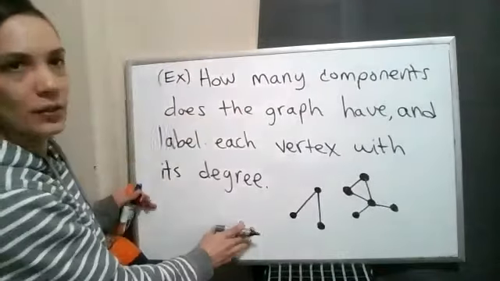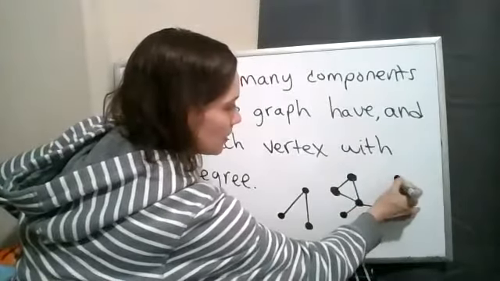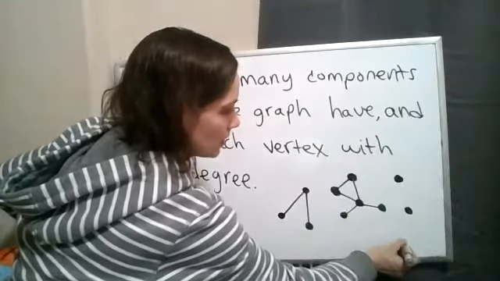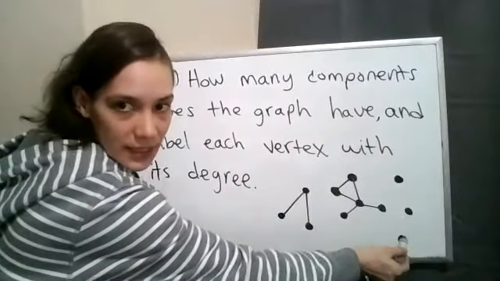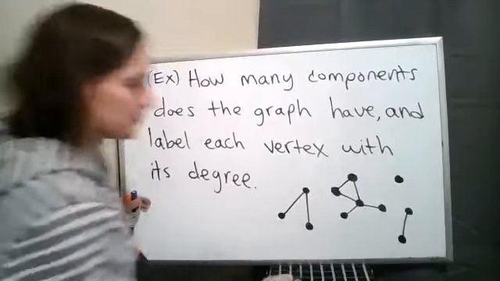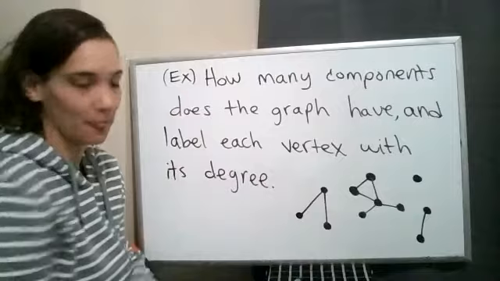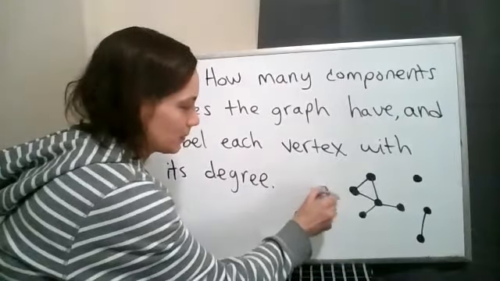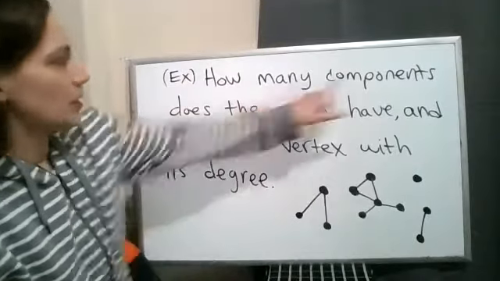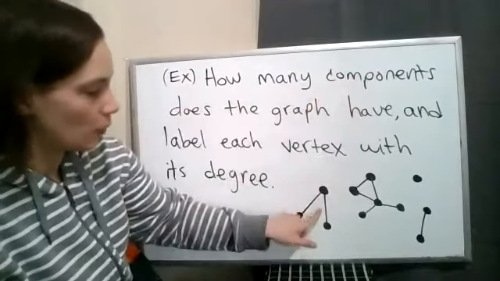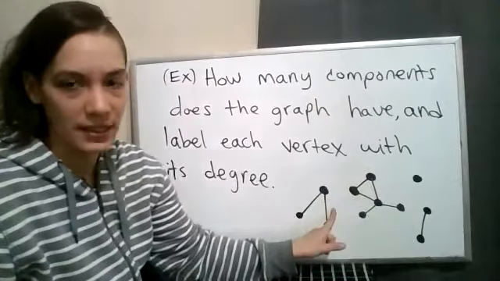And on the side, we were going to put 3 dots. And these 2 here, we're going to connect. That's it. So that's my graph. How many components? We have 1, 2, 3, and that is 4. 1, 2, 3, 4 pieces in this graph.